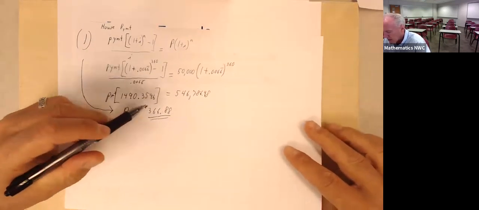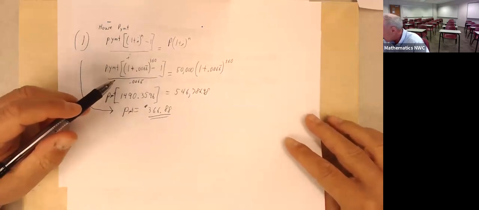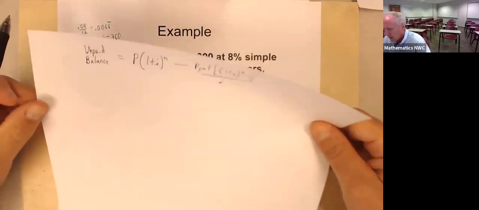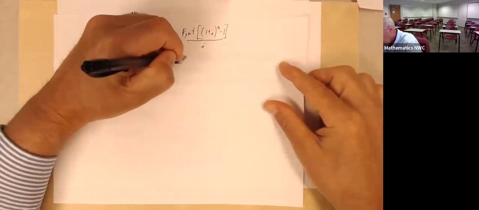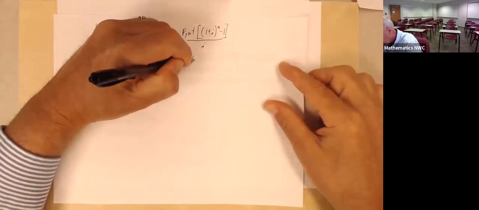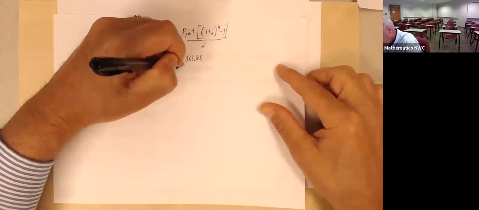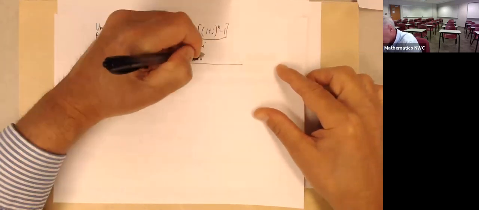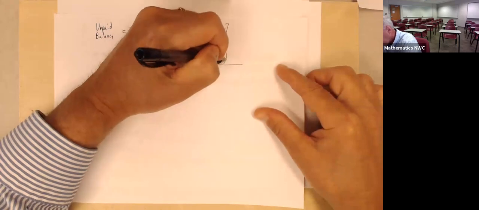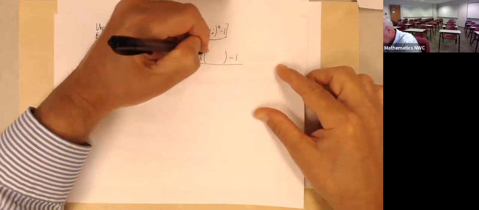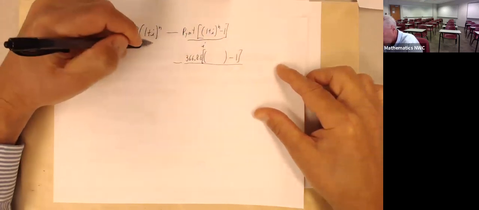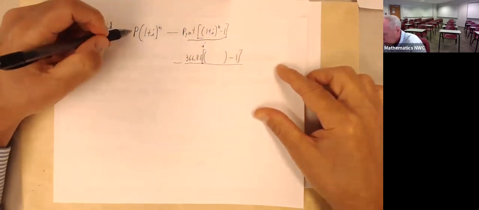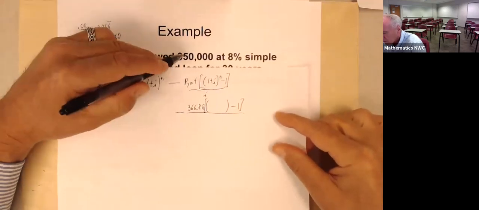Going back, our house payment was $366.88, I believe. That's going to go right in there. The amount we borrowed was $50,000.